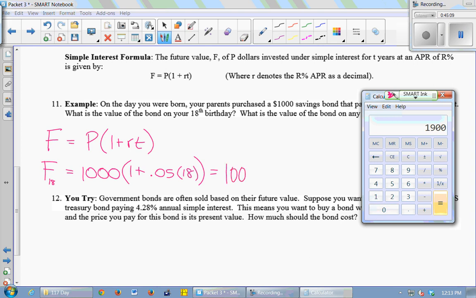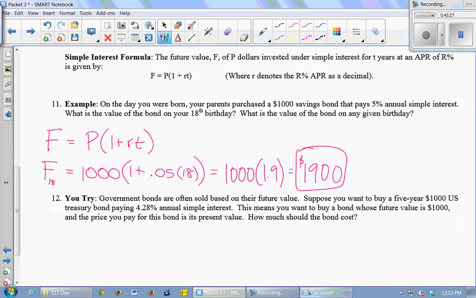So this is 1,000 times 1.9, which is $1,900. So 18 years later, this $1,000 bond is now worth $1,900. All right, we'll stop there.